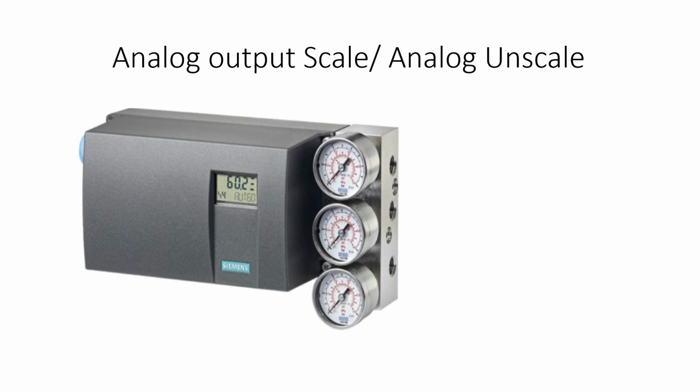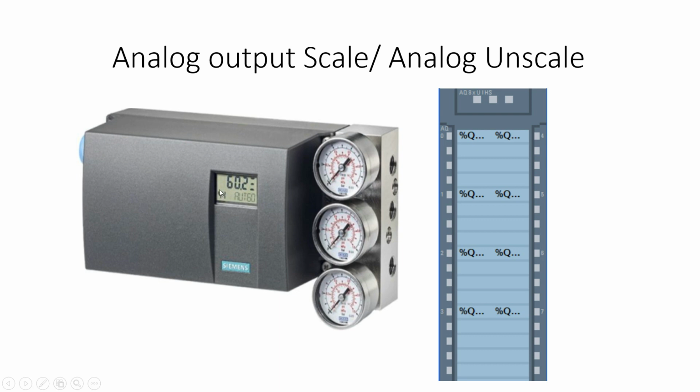The input is current I and the output is P, pressure. Here the input analog signal is 4 to 20 milliamps, and the output will be the range of your pressure input. If the pressure input is 5 bar, then the output will be 0 to 5 bar, and that 0 to 5 bar will control the actuator.